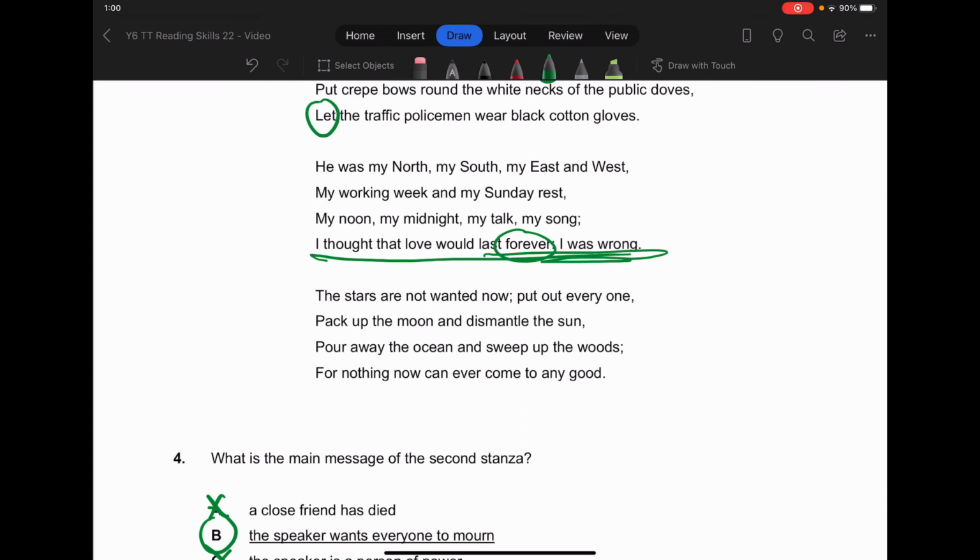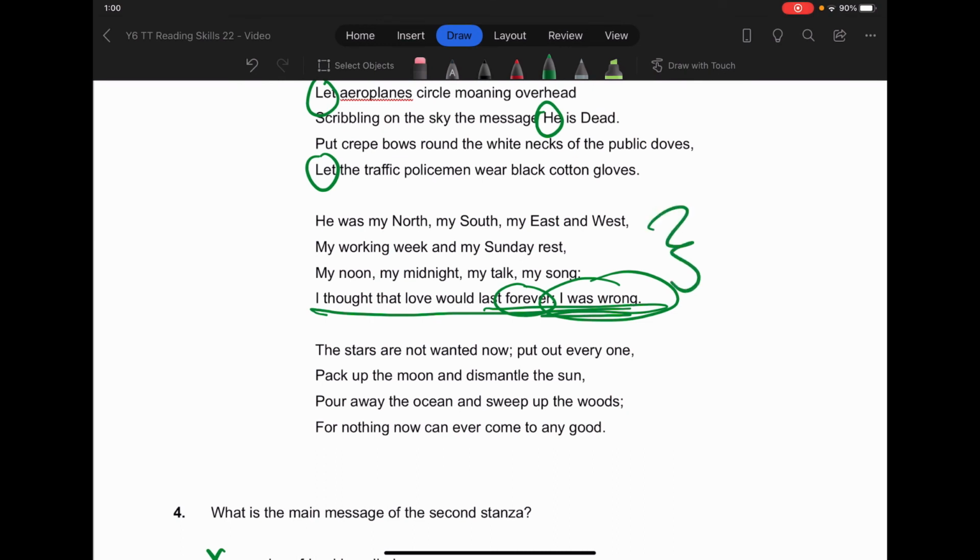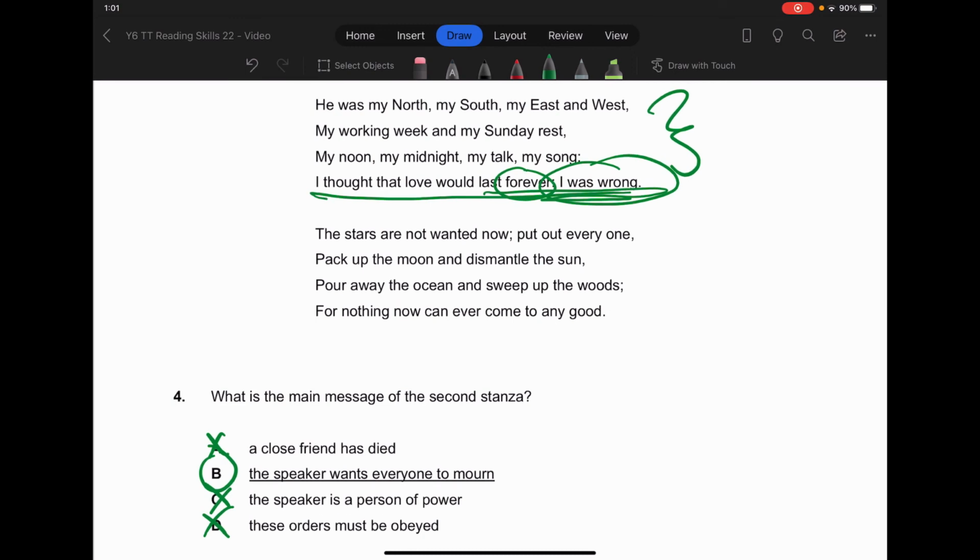I was wrong. Specifically, "I was wrong" is three words, compared to the first three lines, where we have some really intense imagery, symbolism, metaphor, a lot of techniques, just to emphasize what this person meant to them. So I think that would be the main focus, and not that the person has died.